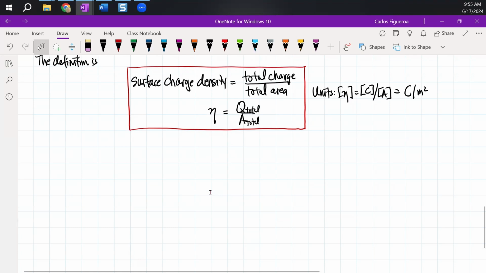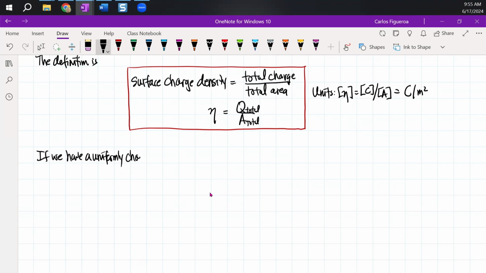So if we have a uniformly charged surface, then eta is either the total charge.